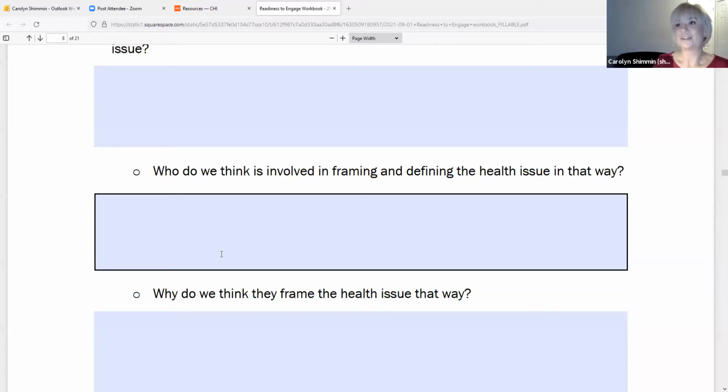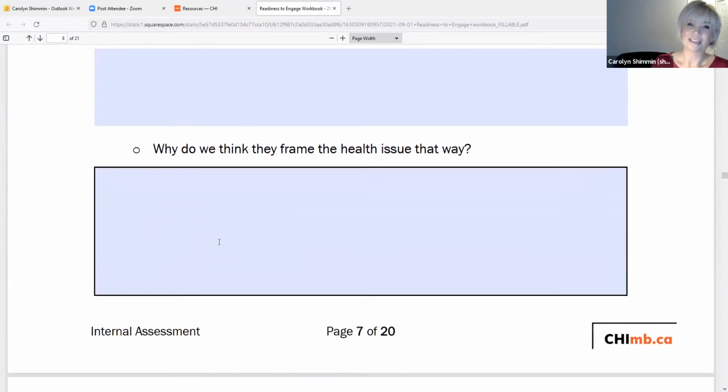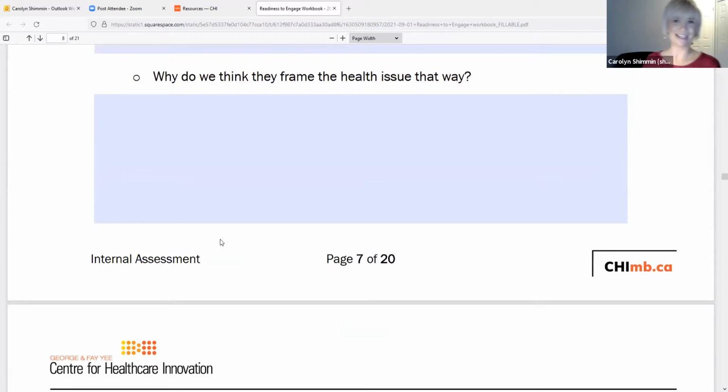Think about how things are sometimes framed in a certain way to look at deficit rather than strengths or resilience. So thinking about that is really important. Why do we think the issue's been framed in a certain way?